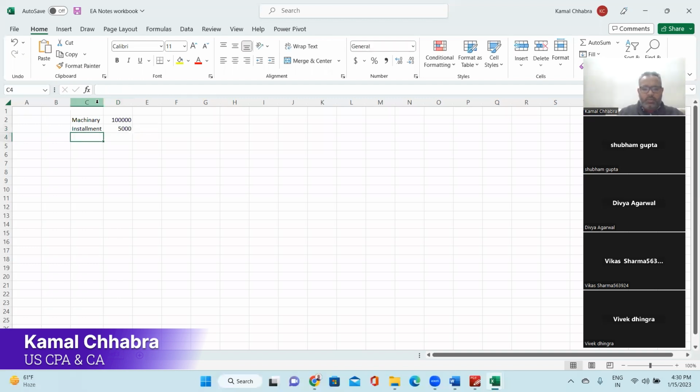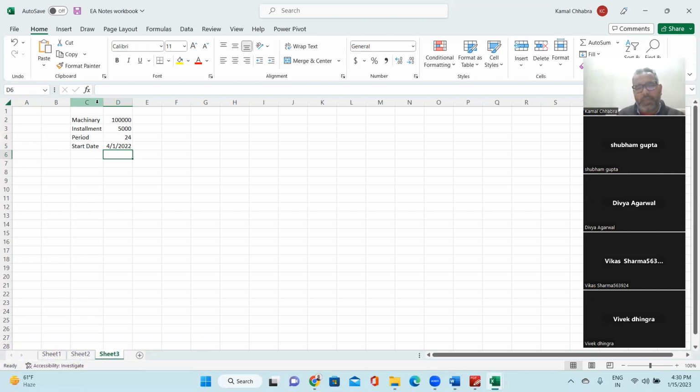Then the period, you have, let's say, 24 months, right? And then the start date, let's assume 4/1/22, that is 1st April 22. This is also something you need to keep in mind. In the US we use MMDDYY. In India we use DDMMYY as the date format, but in the US they use MMDDYY.